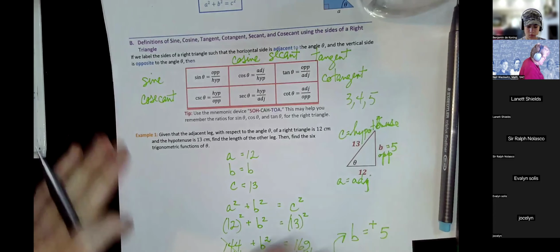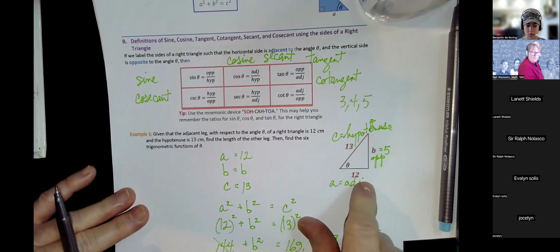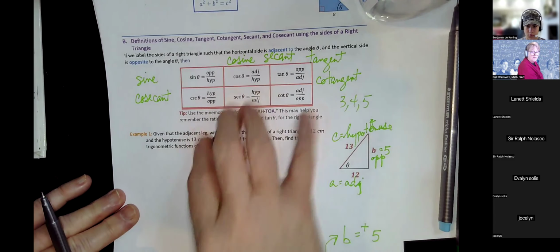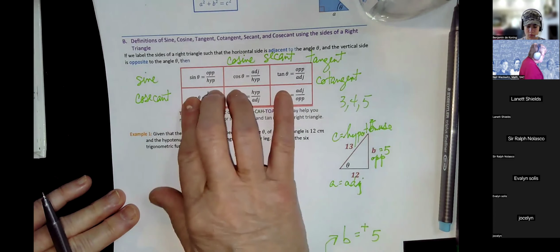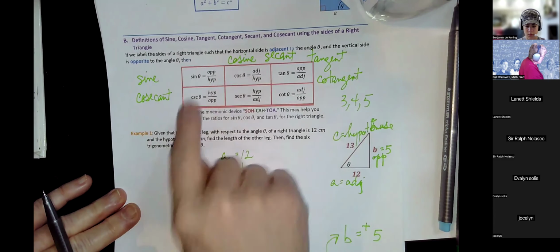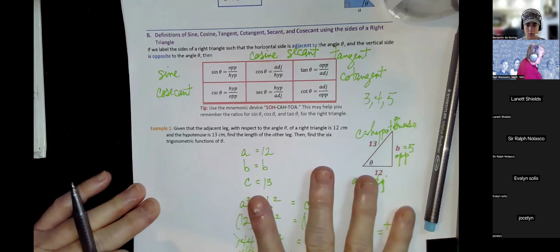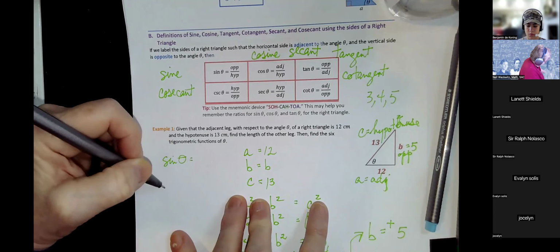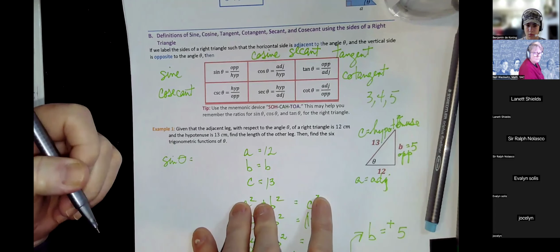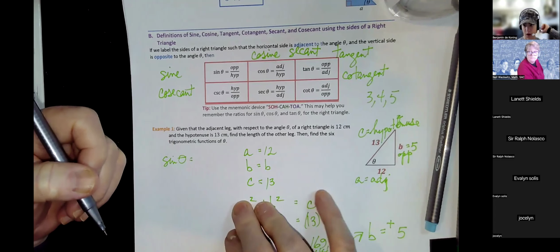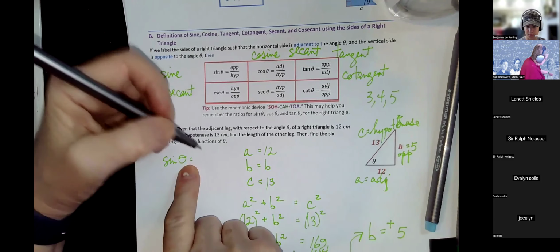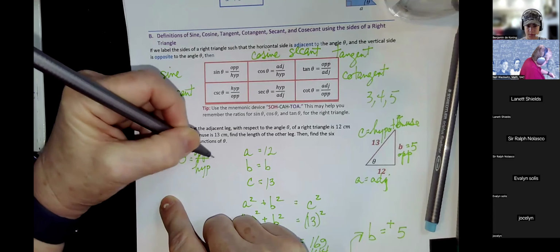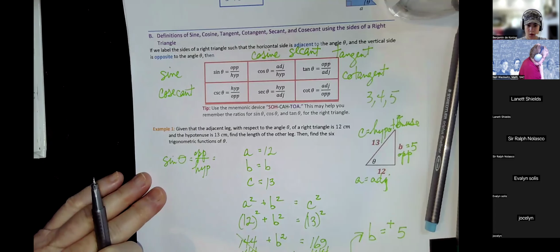So can we write down, with respect to theta, we know that the sides are 12, 5, and 13. Can we write down the six? Let's first just do the sine, cosine, and tangent. Can we find those? Okay. The sine is opposite over hypotenuse. What is opposite?